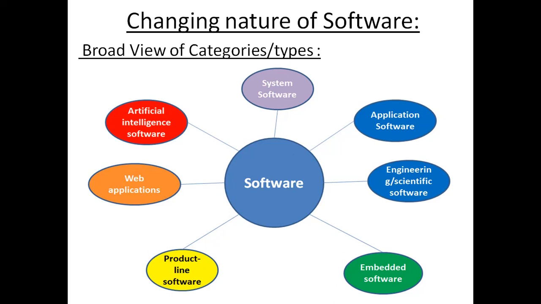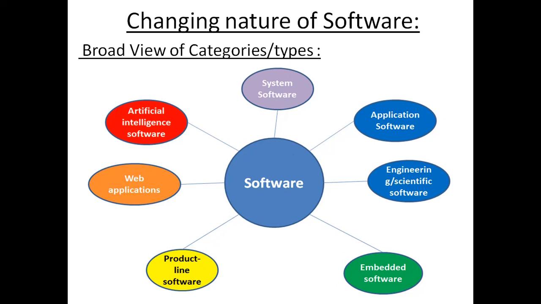For example, the AutoCAD application is mainly used by persons in the field of product designing. Those persons use the software called AutoCAD. This is the example I have given for engineering and scientific software.